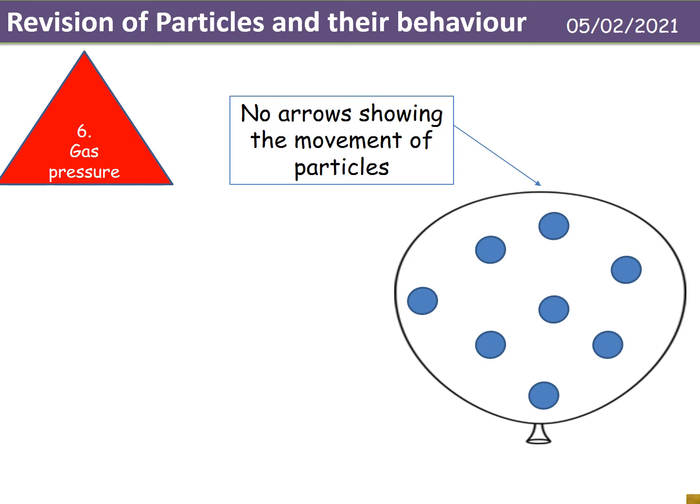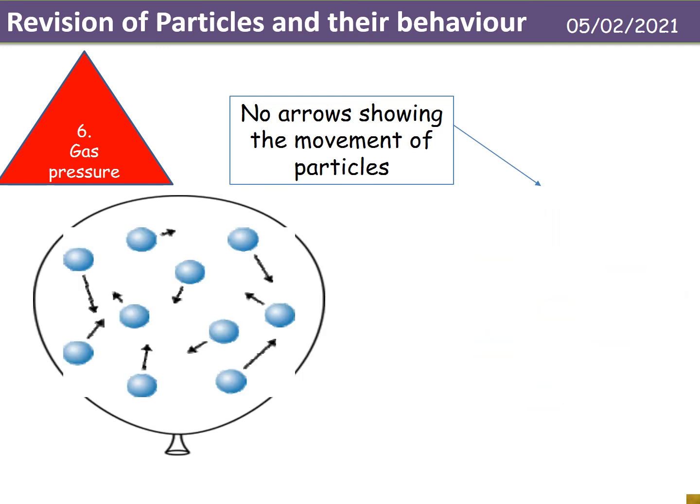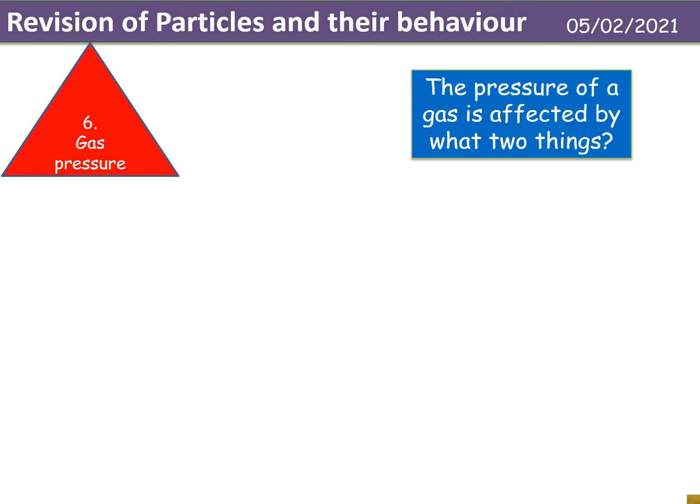No arrows showing the movement of particles. Whenever you're drawing gas particles to show that they are moving, you need to draw arrows, and they need to be drawn in a random way. So your picture should look like something on the left.